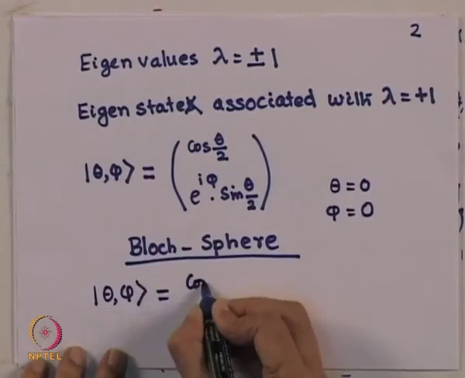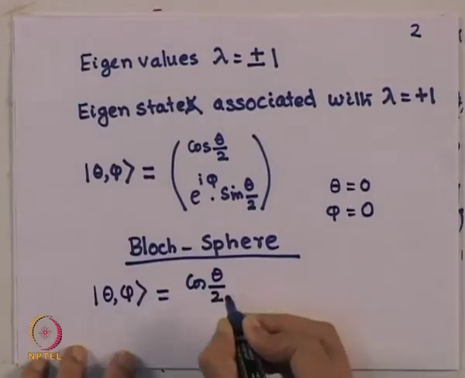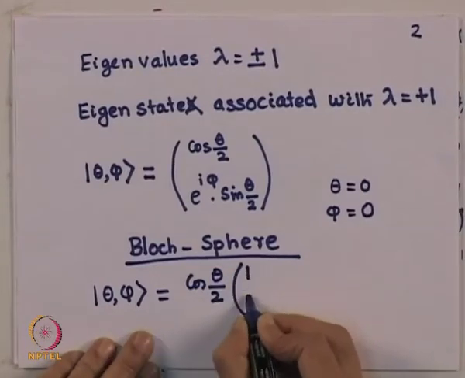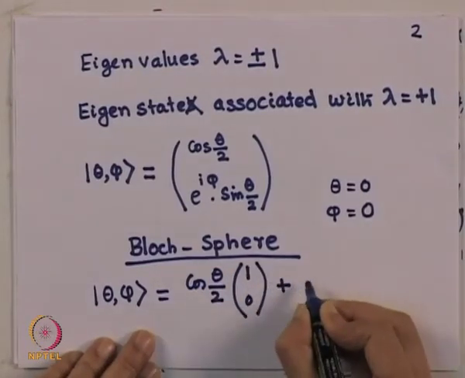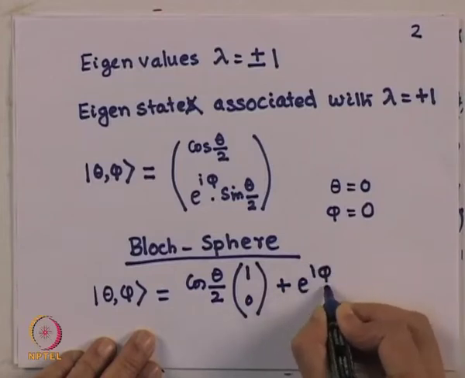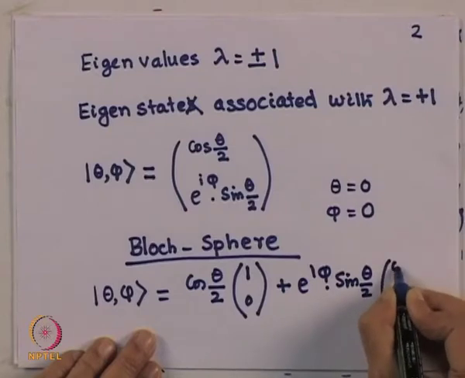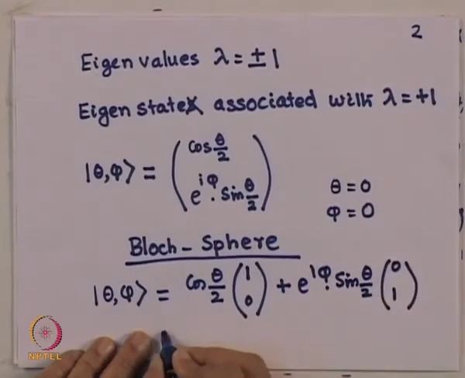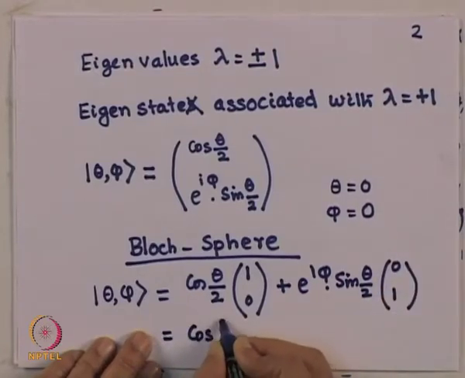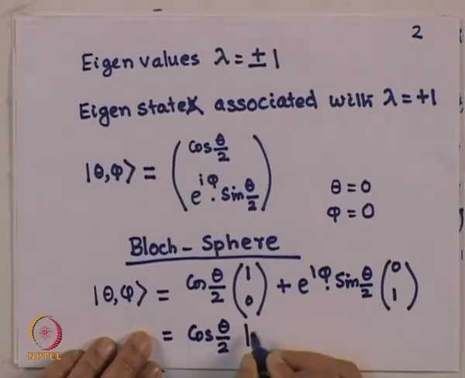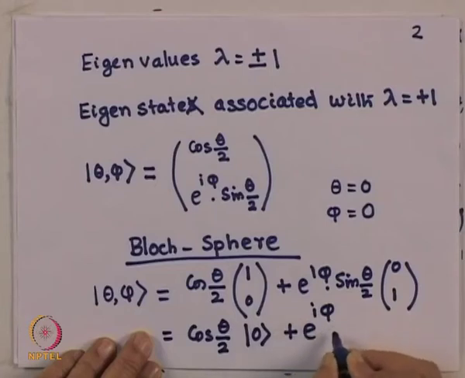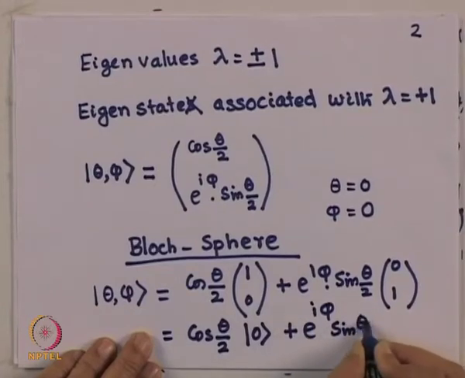So, this is cos theta by 2 times the column 1 0, plus e to the power i phi sine theta by 2 times the column 0 1, or in our ket notation, this is cos theta by 2 state 0 plus e to the power i phi sine theta by 2 state 1.